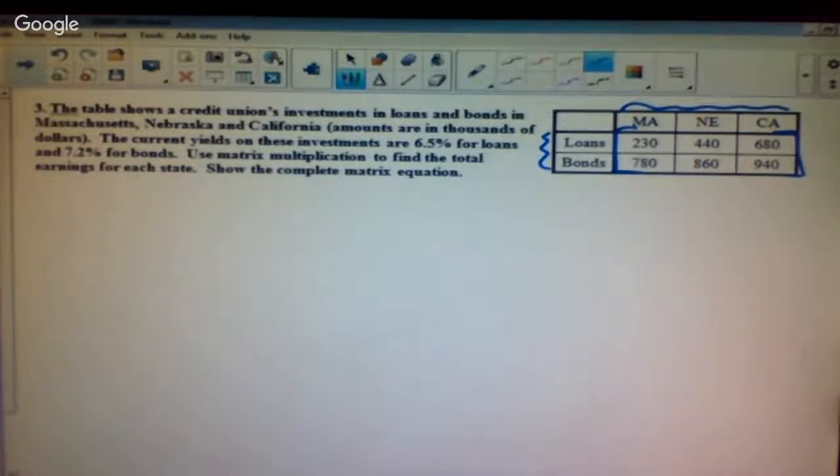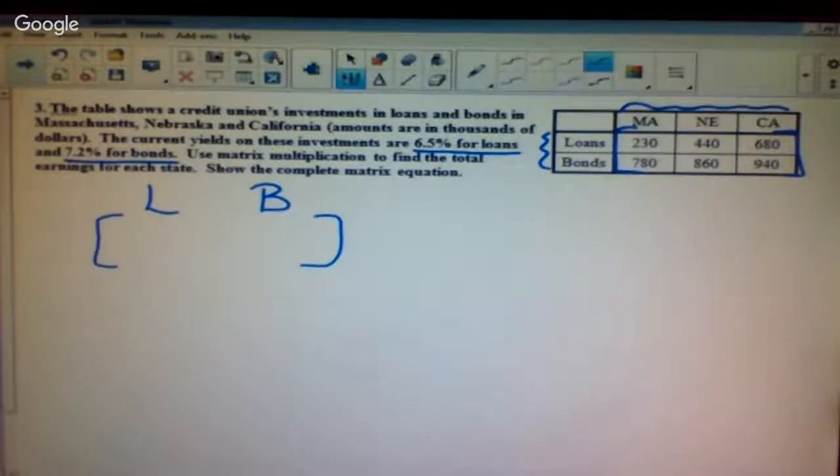The percentages for loans and bonds. Well, if loans and bonds are the rows here, they have to become the columns of my other matrix in order to multiply. So compare what you need to make a matrix of and what you have. So loans and bonds are the rows, which means loans and bonds needs to be my columns.